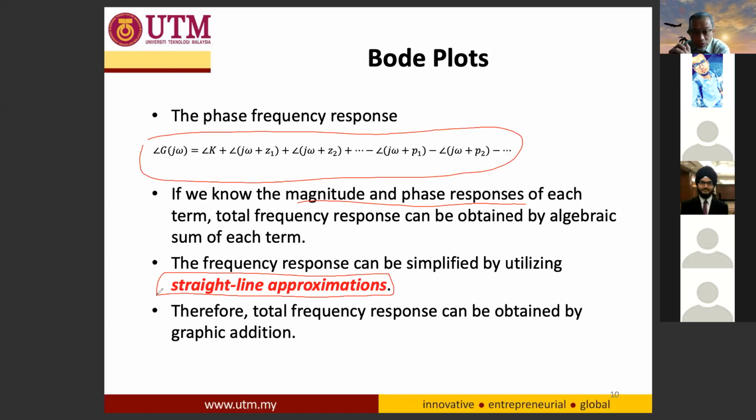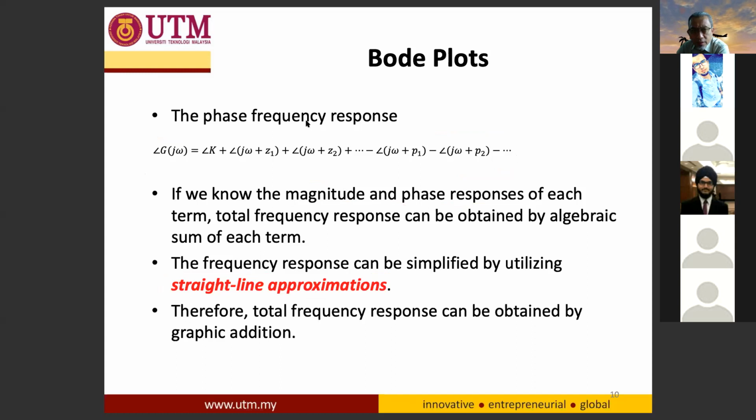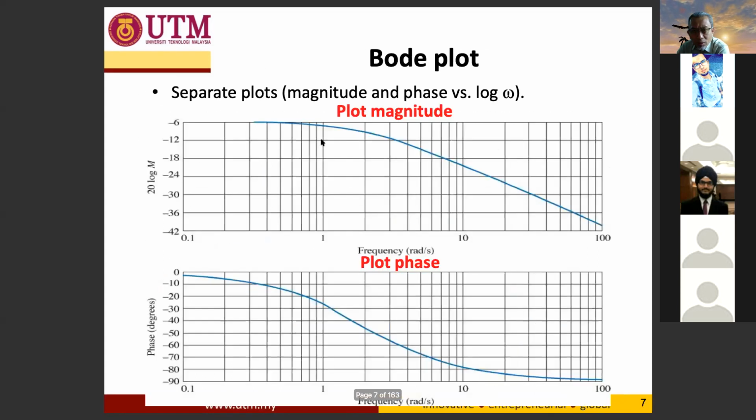So both will do. Therefore, the total frequency response can be obtained by graphic addition. What I'm trying to tell you is that there are two ways, if we look here. So this is the real plot, where the data is represented by the blue line.